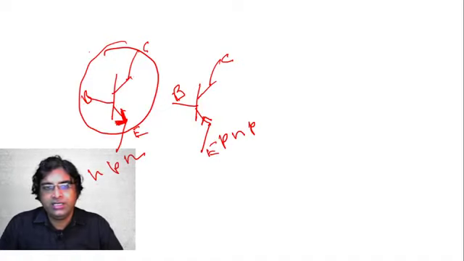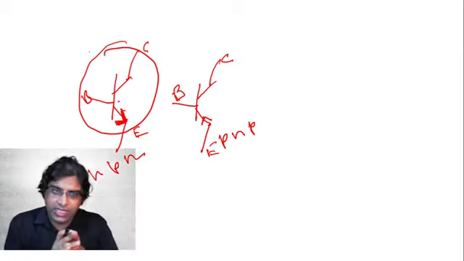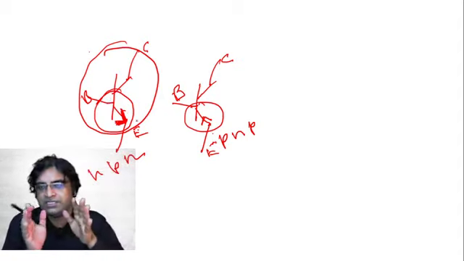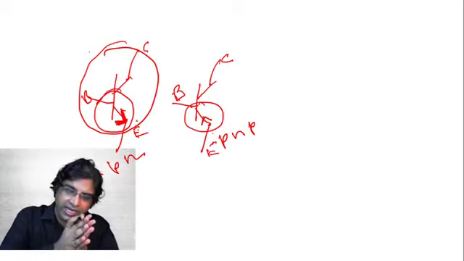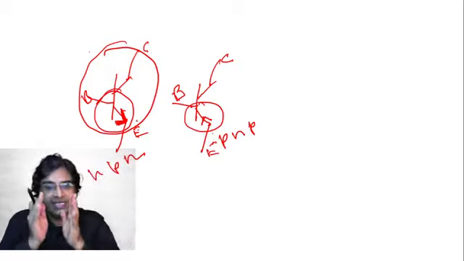Basically, the arrow is present in the emitter and it is from P to N. You see there is a diode concept, P to N. This side P, this side N. So in the case of transistors it looks like that, and the arrow is from the P side to the N side, in the emitter side.